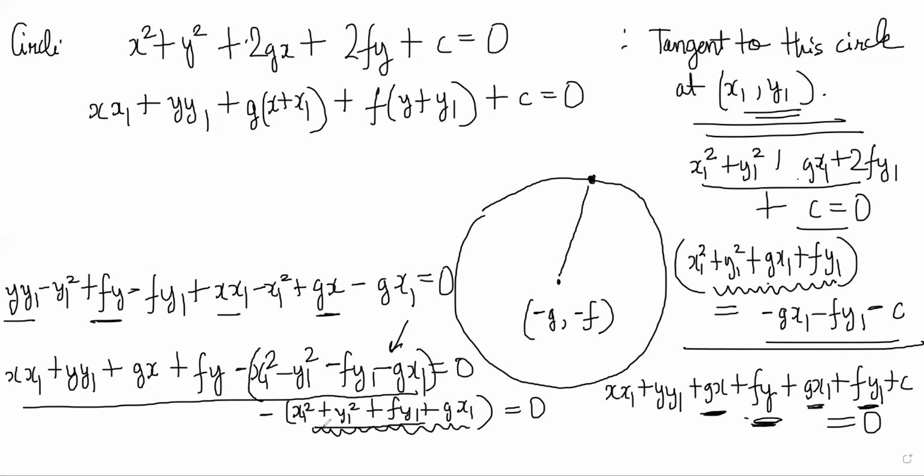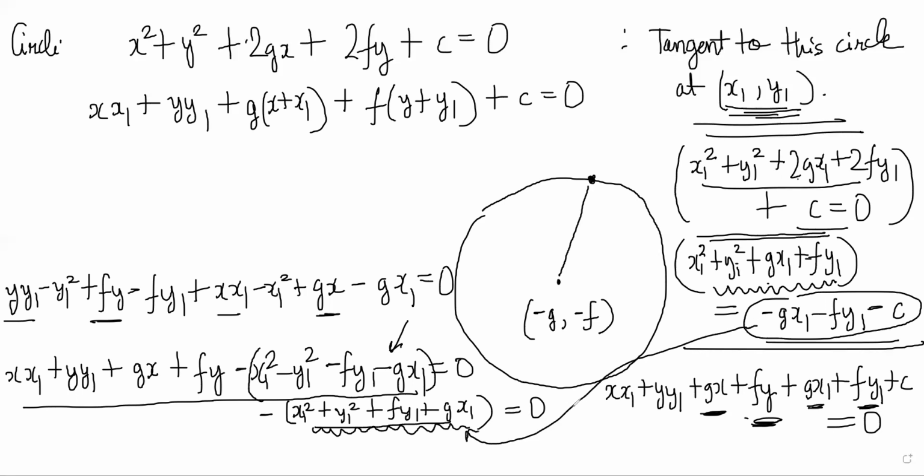They become positive like this, right? And then I'm saying because x1, y1 lies on the circle, we have this equation also, plus 2gx1 and stuff, right? So that positive quantity, these four terms, can be written as minus gx1 minus fy1 minus c, right? And then I'm putting this here, so that will become plus plus plus, right? And then I'm taking g common and writing it like this, right?